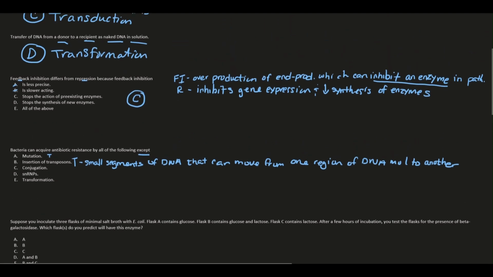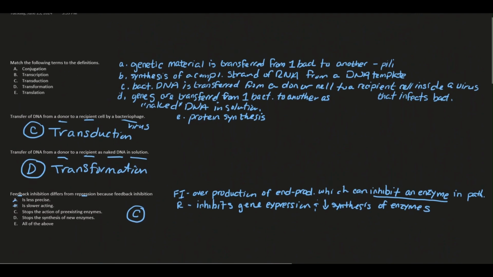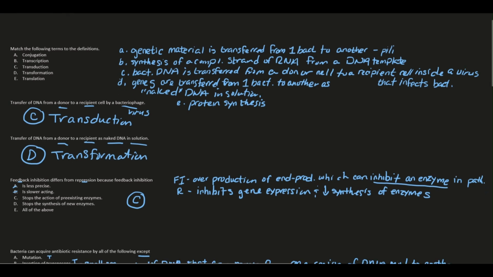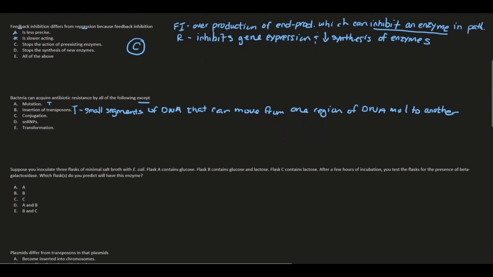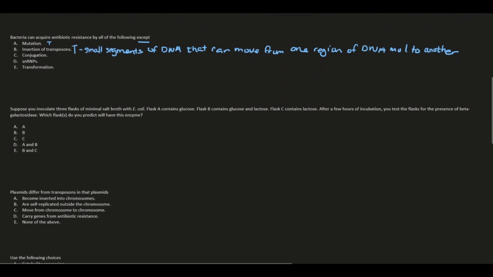Let's go and check that one out. Genetic material is transferred from one bacterium to another. It is the donor transferring its genetic material to the recipient using pili.